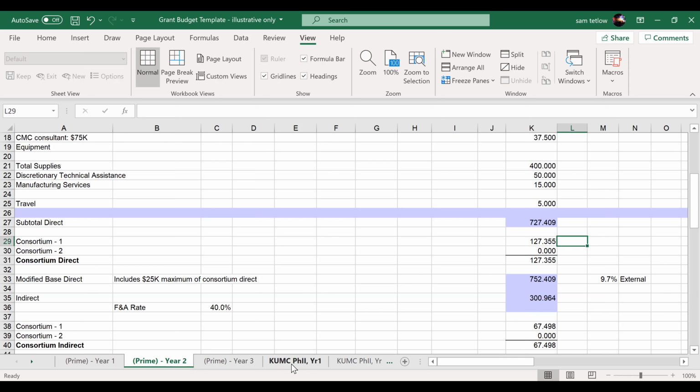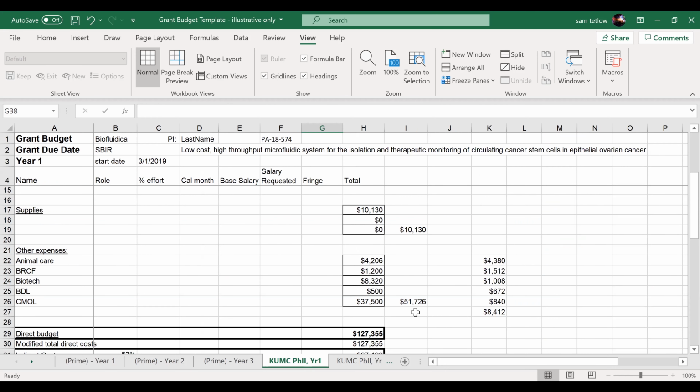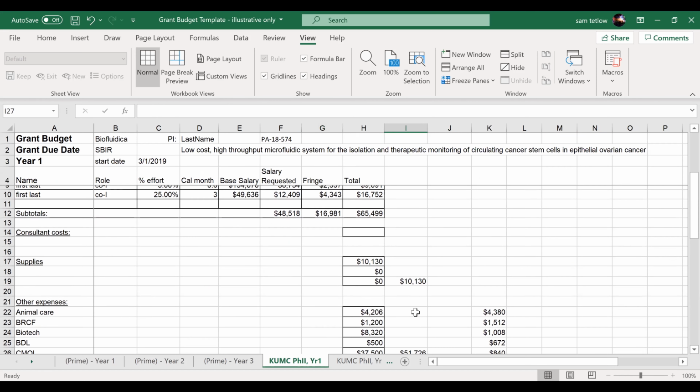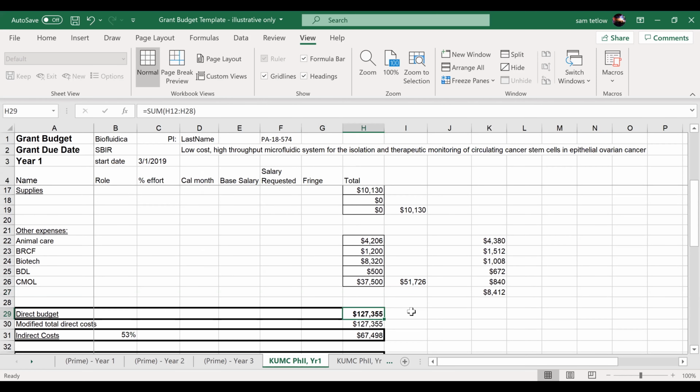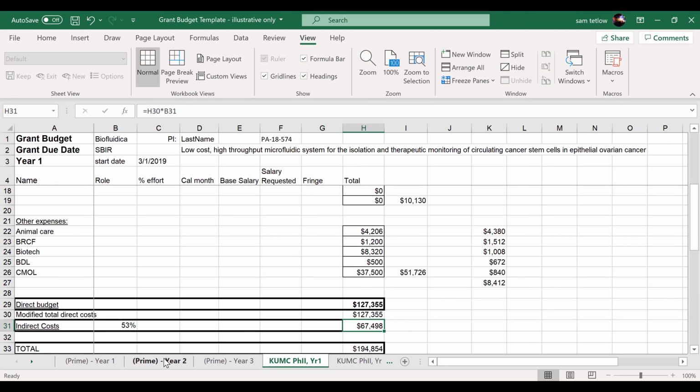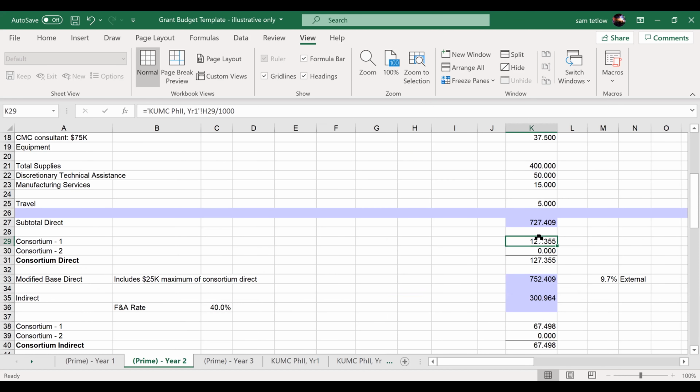KUMC in this example is only in the phase 2. So to make this clear, we call this phase 2, year 1. And you can see their budget workup. Look at that. It has direct budget and it has indirect costs, right there. These push to these respective line items there.